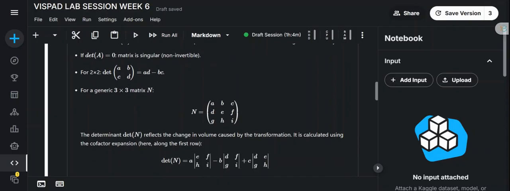How do we find the determinant of a 3 by 3 matrix? It's simple.